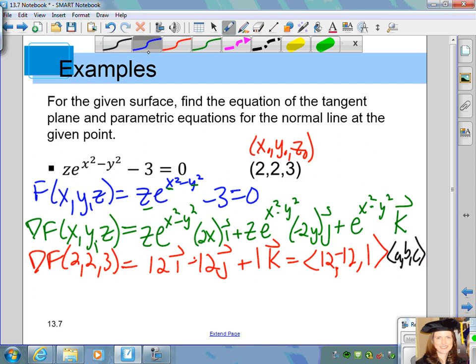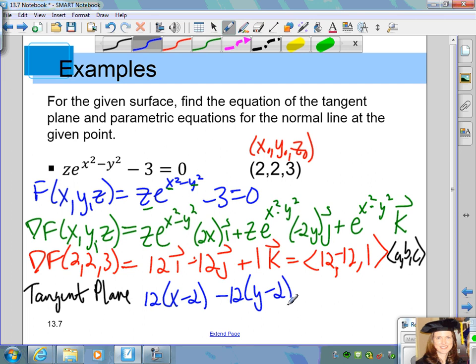Alright, now let's find the equation for the tangent plane. We're going to use the A, B, and C as coefficients and your x0, y0, z0 as your point. So the equation of the tangent plane is going to be 12 times x minus 2, minus 12 times y minus 2, plus 1 times z minus 3 equals 0.